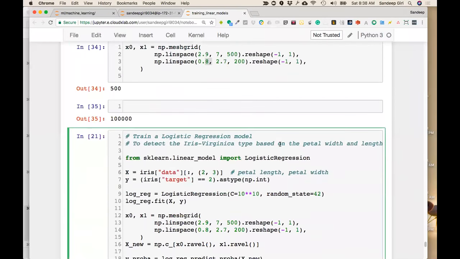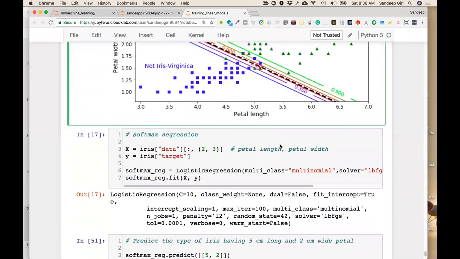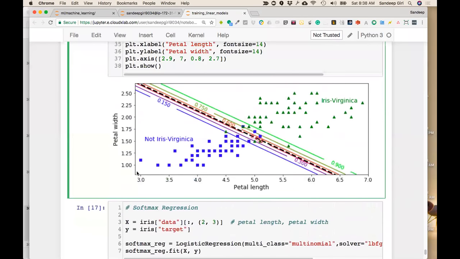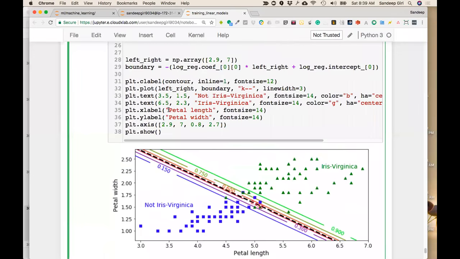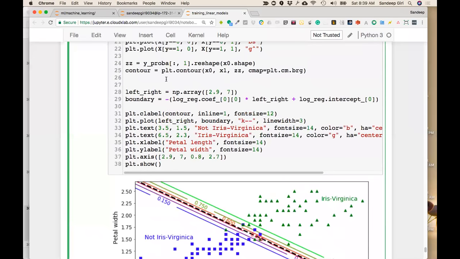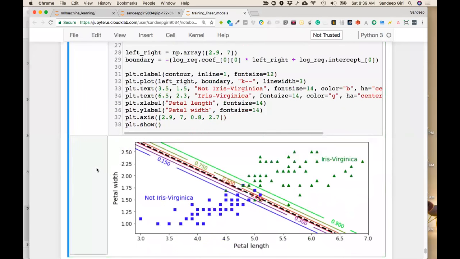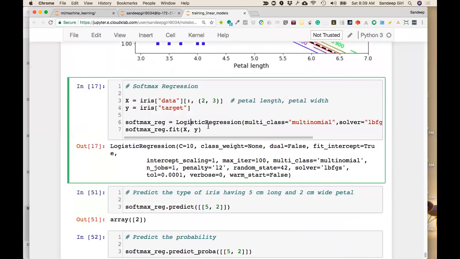We are starting from 0.8, the other from 2.9, from here upwards and from here upwards. So we have generated all kinds of data points, then we have plotted that, and this is how it looks.